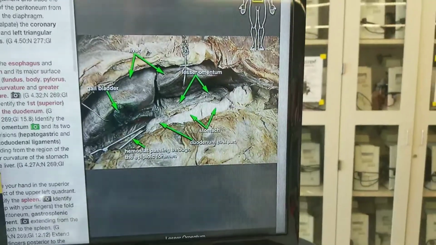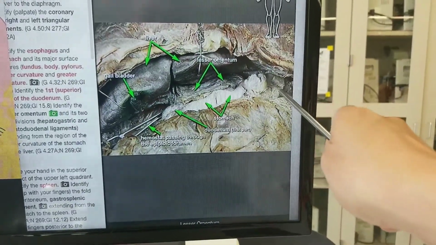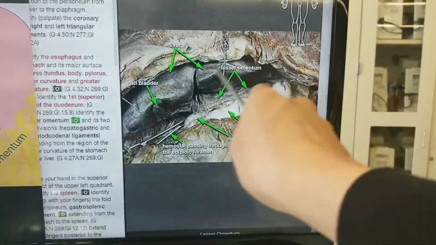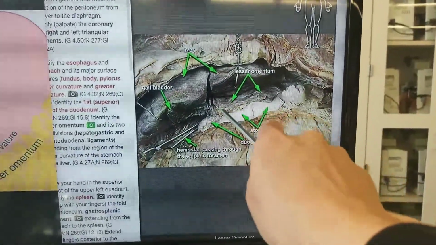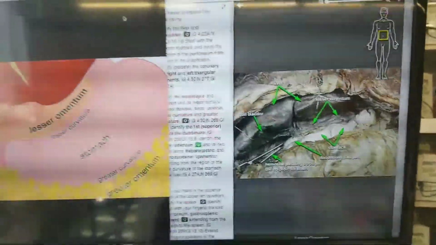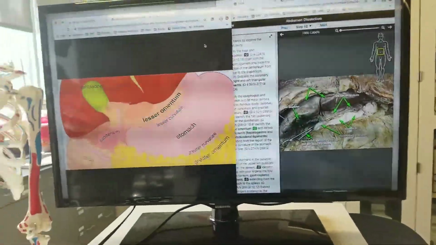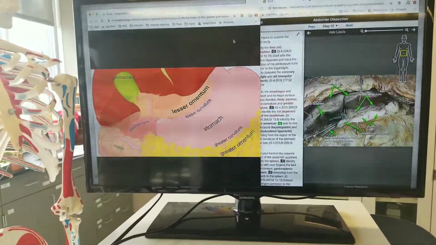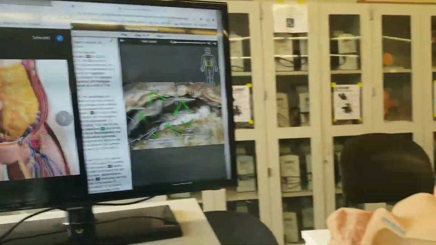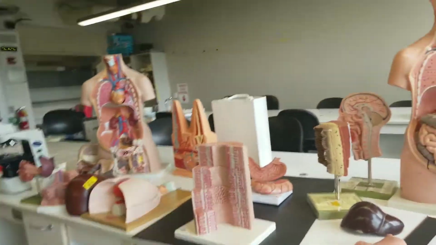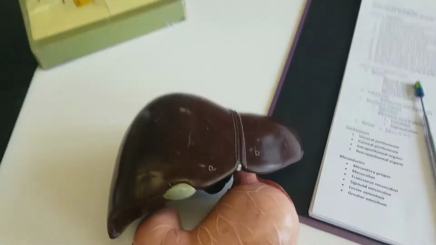Here is a cadaver. Here is the liver. Here is the stomach, and connecting the two, that's lesser omentum. So lesser omentum is the fused mesentery, it's fused peritoneum that connects the liver and the stomach. Lesser omentum between the liver and the stomach.